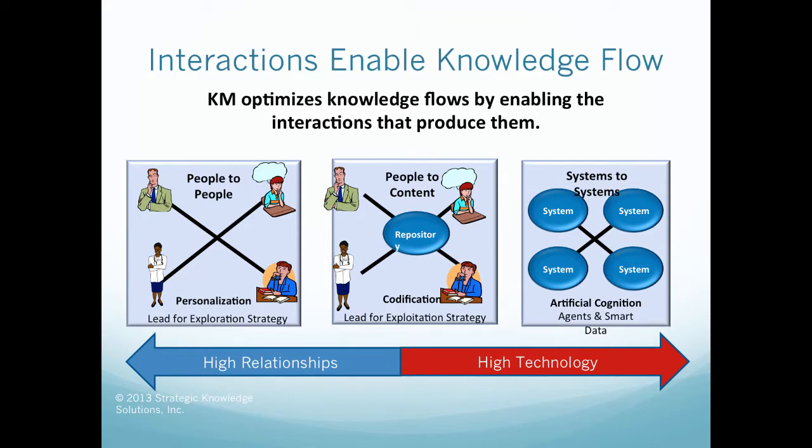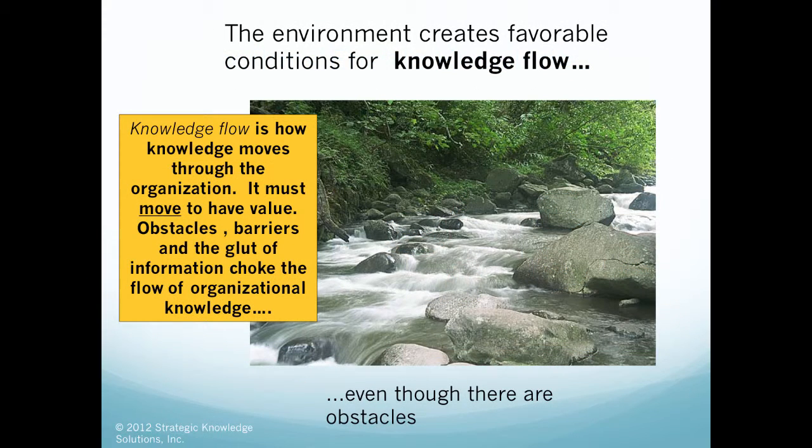And the way we get knowledge moving through the organization is this thing called interactions. And we've talked about before these 3 types of interactions that enable knowledge flow. They optimize flow by enabling the interactions of people to people, people to systems, and systems to systems. And as a knowledge manager, when I find roadblocks and barriers in knowledge flow, I go look at these 3 different types of interactions, and I promise you that I can find one or more that's clogging up the system.